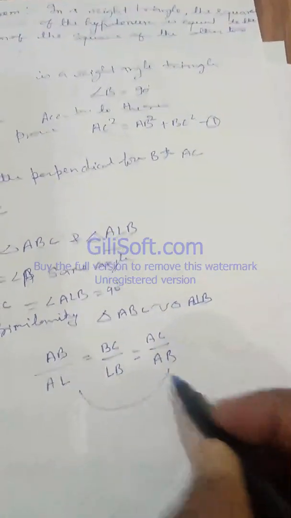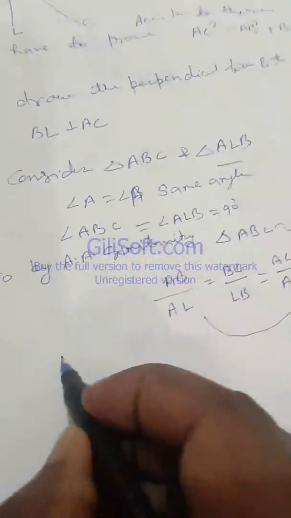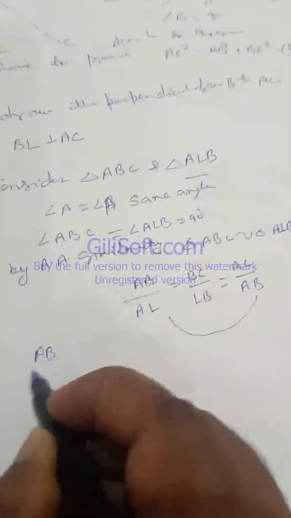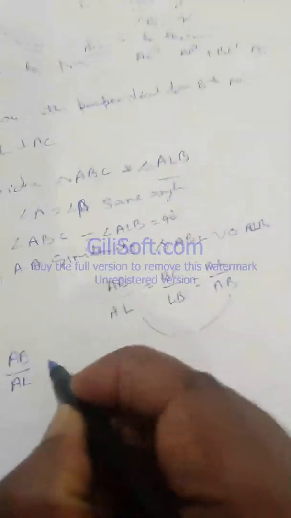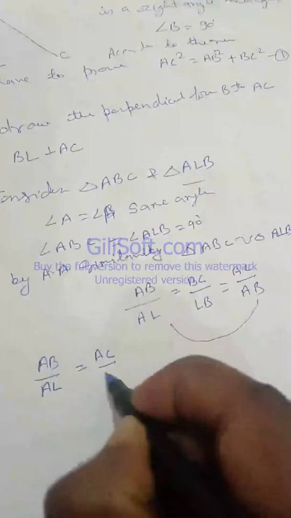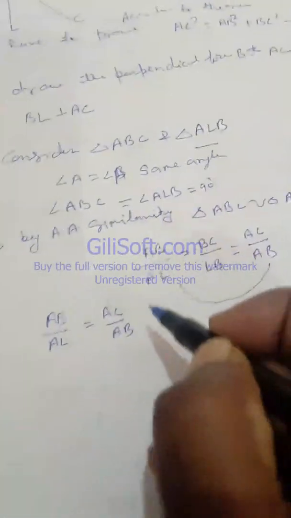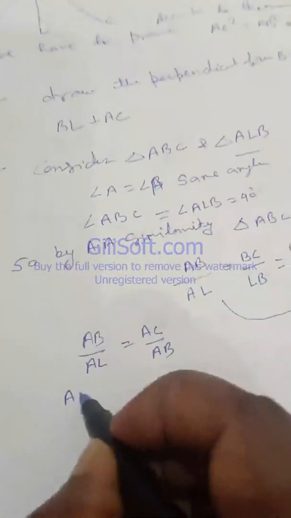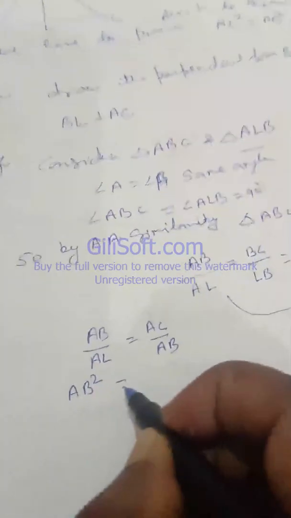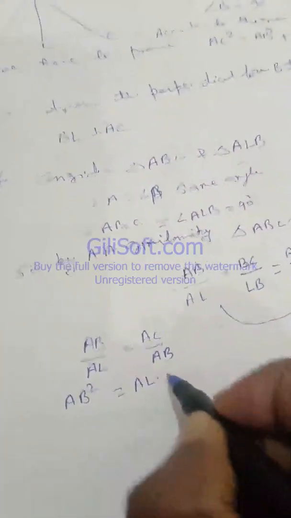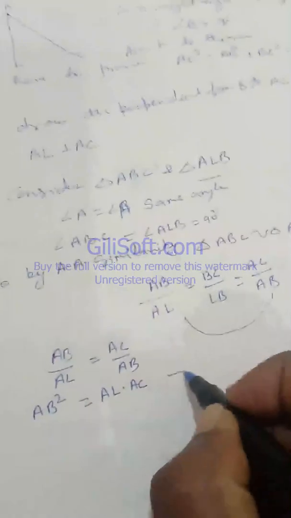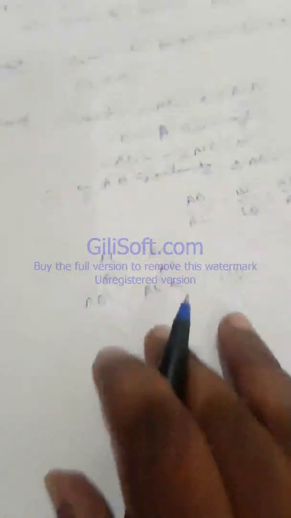Now consider these two ratios. We get AB by AL is equal to AC by AB. Then by cross multiplication, we get AB square is equal to AL into AC. This is equation number 1.